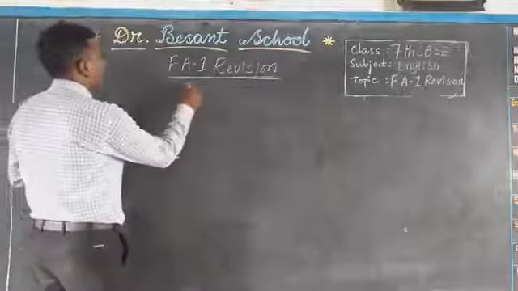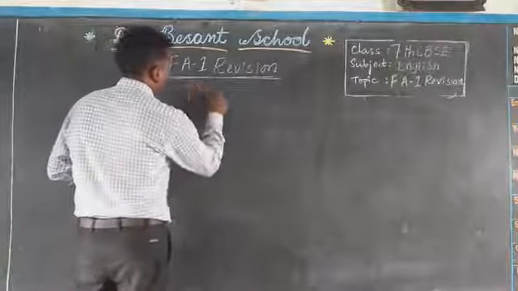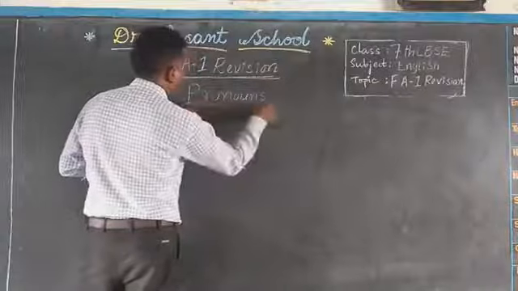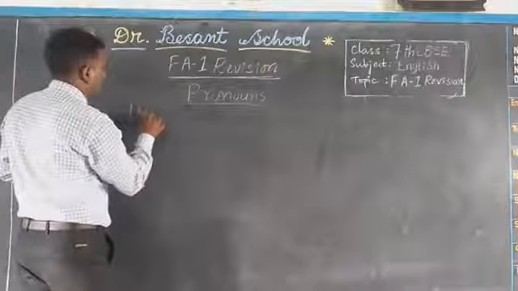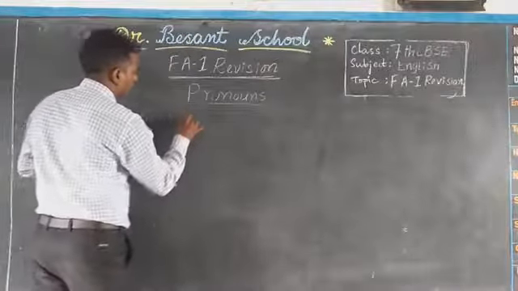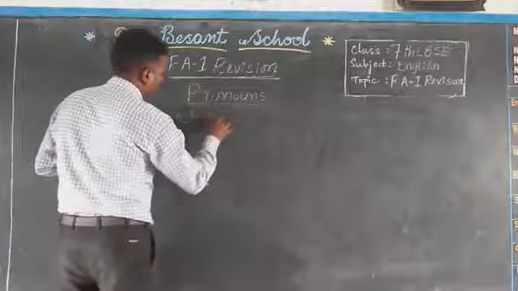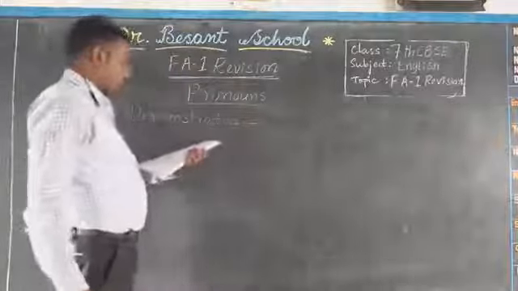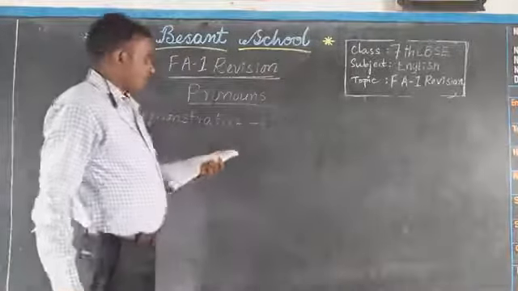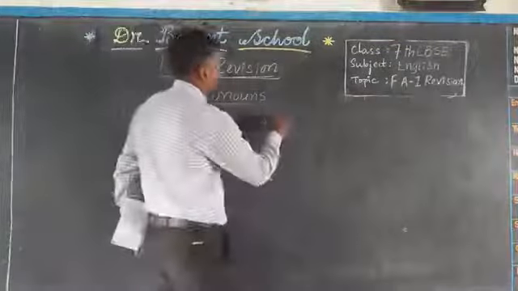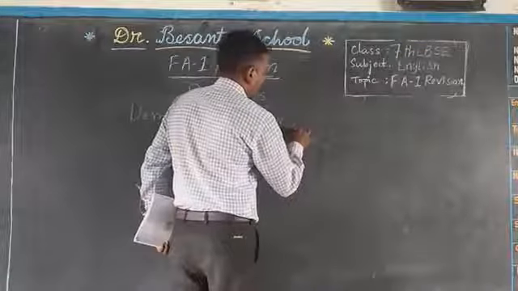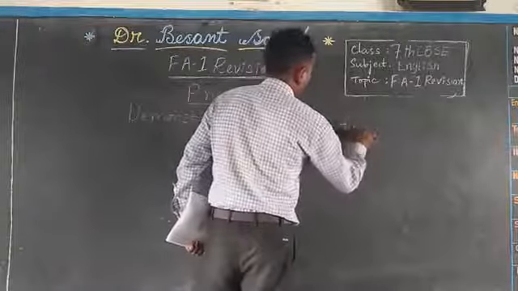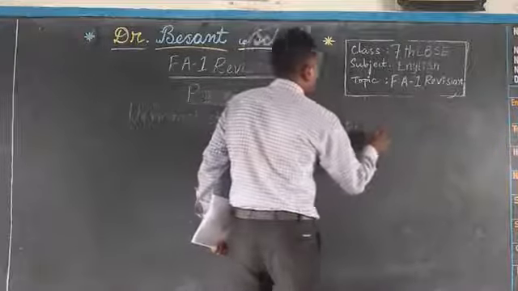See, the topic is pronouns. Demonstrative pronouns. So what are the demonstrative pronouns? For example, this, that, these, those, right children?